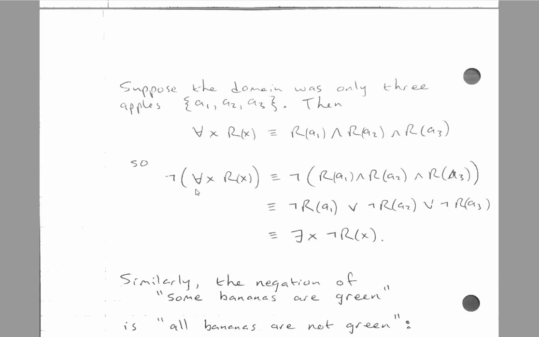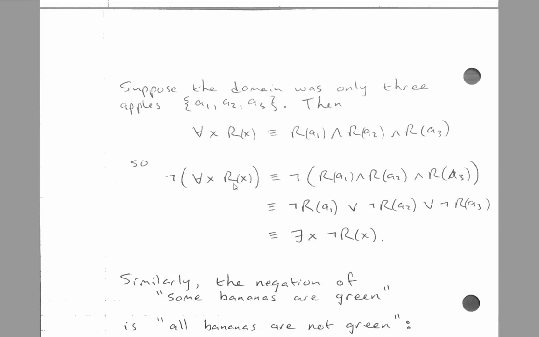So if you want to negate all the apples being red, that's the negation of these ands. We saw it with 2, but it works with 3 or more. De Morgan's law says if you want to negate something and something, it turns into an or. And so it's not r of A1 or not r of A2 or not r of A3.